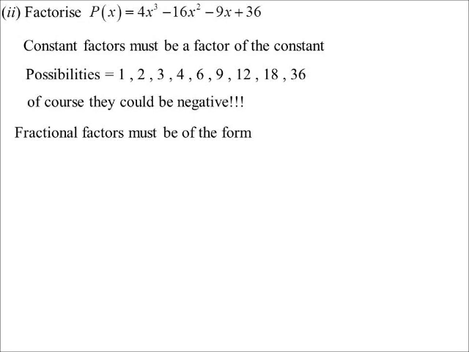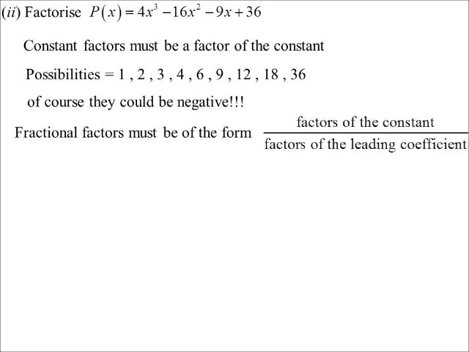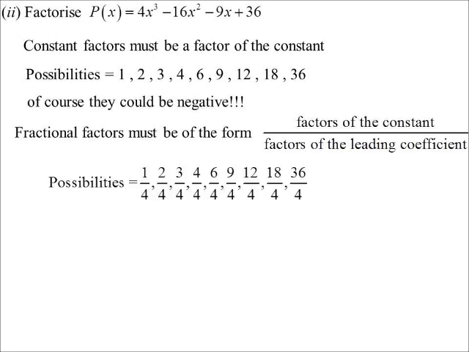So how do I work out the fractional factors? It'll always be factors of the constant, which we've worked out, over factors of the leading coefficient. In this case, 4. So I could divide them all by 4 and get their possibilities. Some of those we have already, of course. 4 over 4 is 1, for instance.